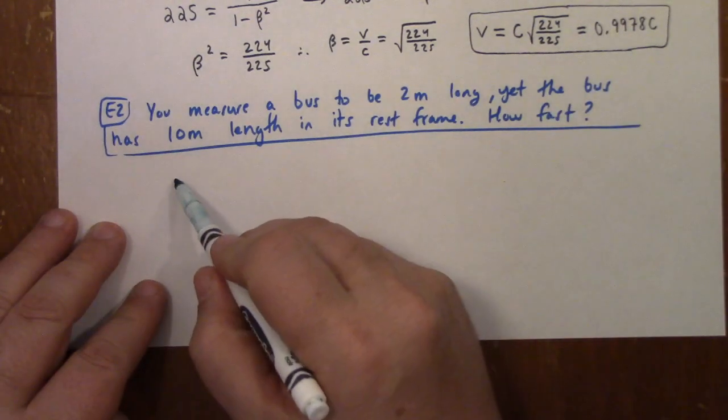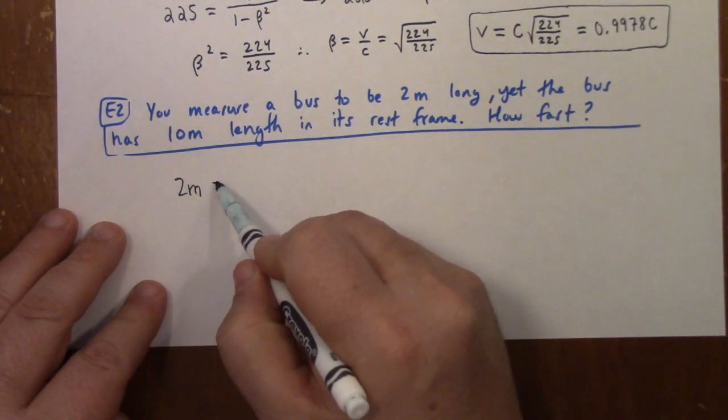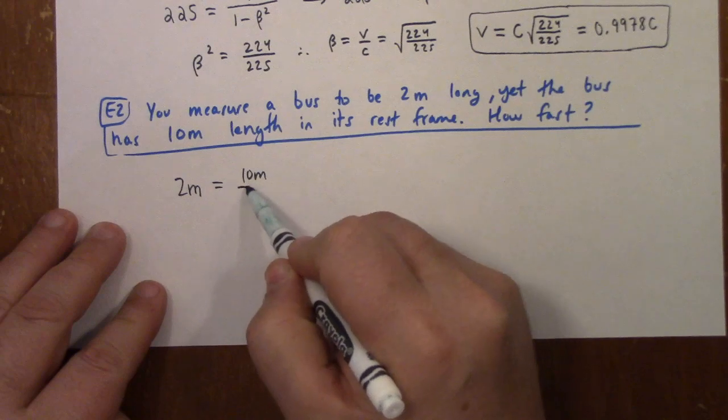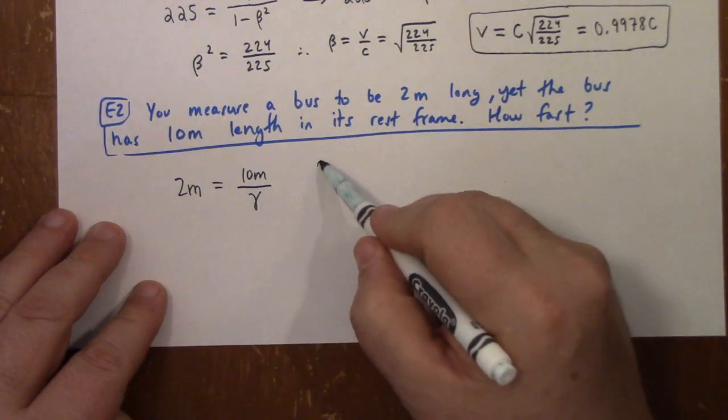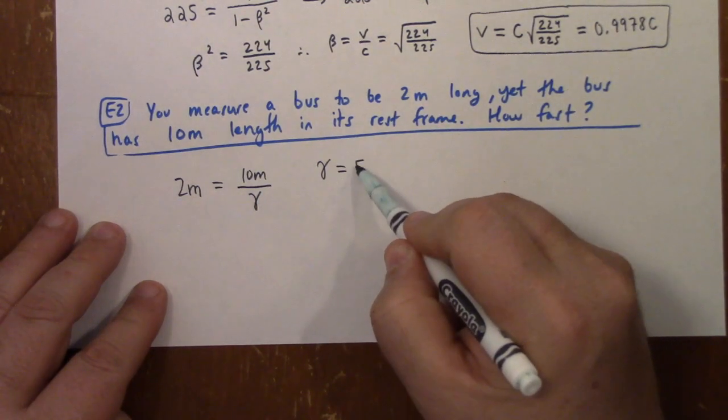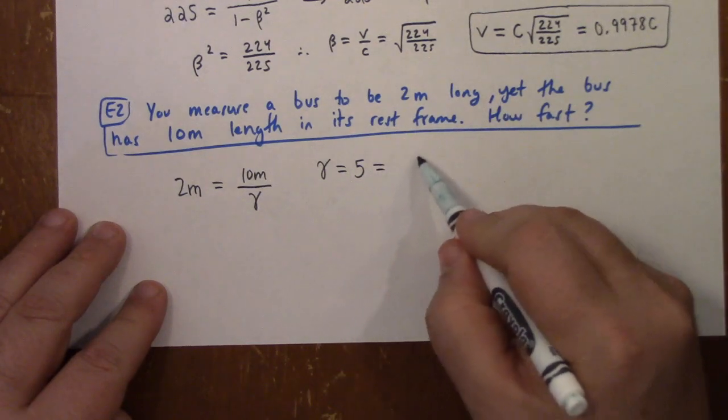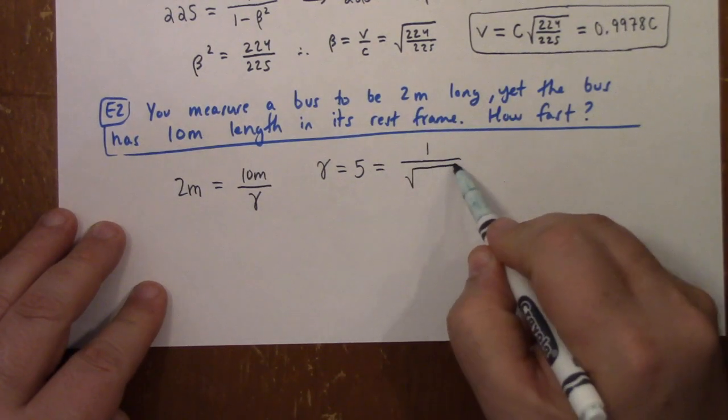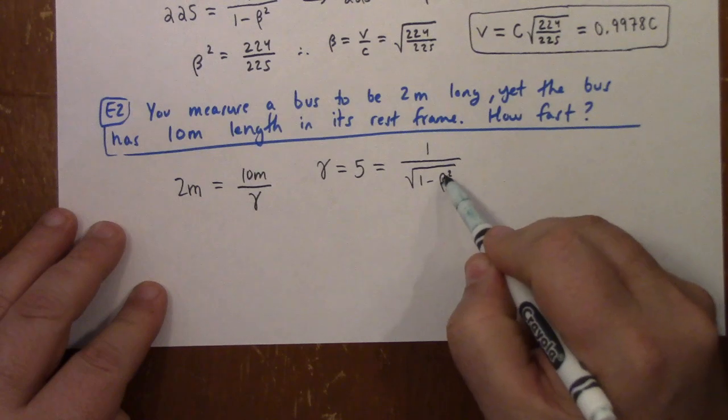So we've got 2 meters is equal to 10 meters divided by gamma. So apparently gamma is equal to 5. So 5 is equal to 1 over the square root of 1 minus beta squared.